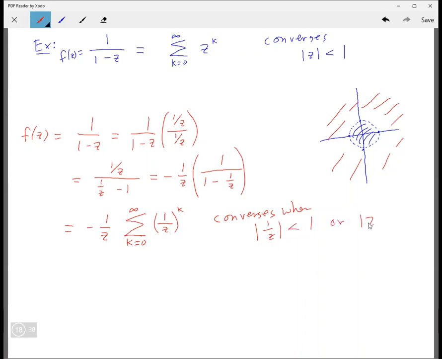But that's the same as modulus of z greater than 1. So yeah, it converges everywhere out here. So here we have a representation, and we can pull this back in. So we can say that it is negative, I don't know, 1 over z to the k plus 1.